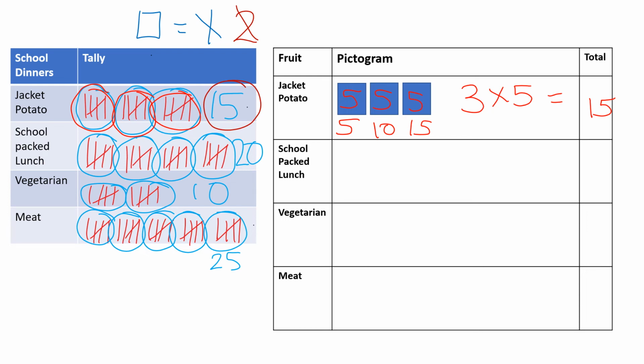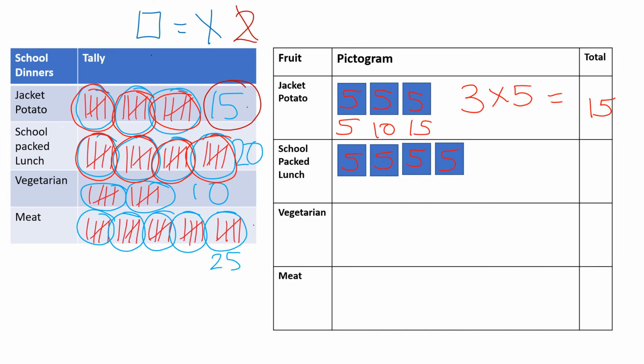Now let's move on to school packed lunch. So how many squares do you think you'll need for school packed lunch if each square is worth 5? Okay, did you think? Let's see, is this right? We've got 4 squares, so let's see if we're right. 1, 2, 3, 4.